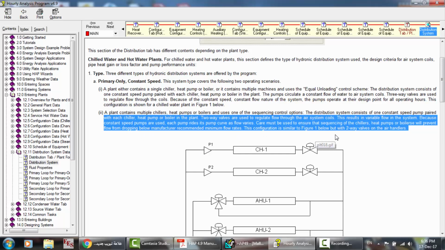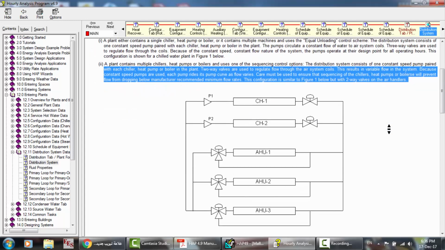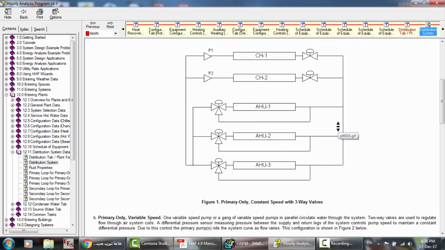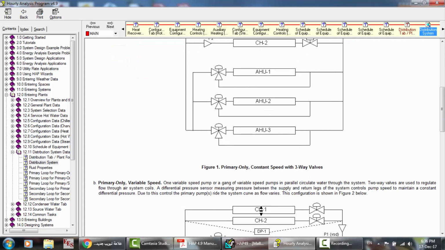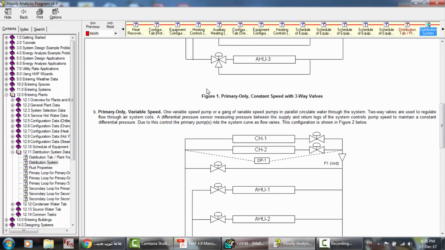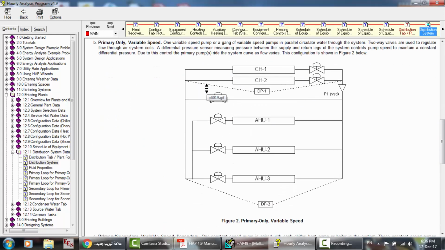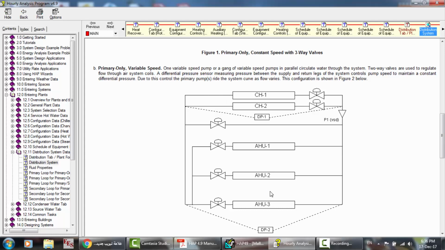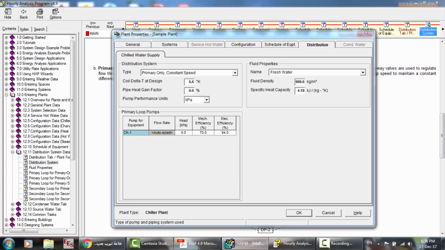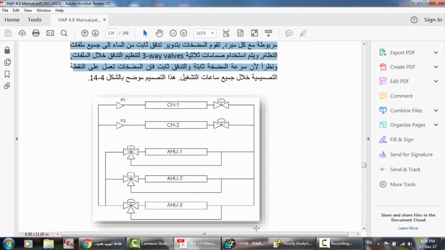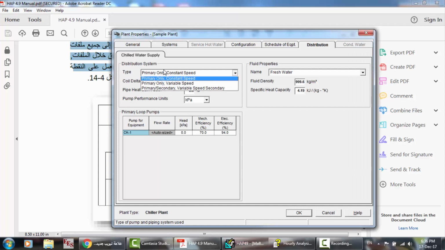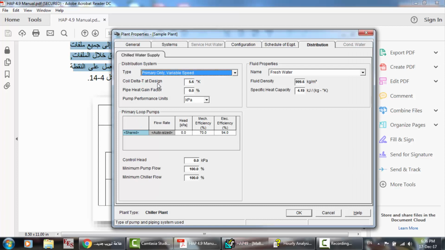This is very similar to figure 1 below, but with two-way valves on the air handlers. Okay, so this is figure 1, as you see. Okay, the other option is primary only and variable speed.